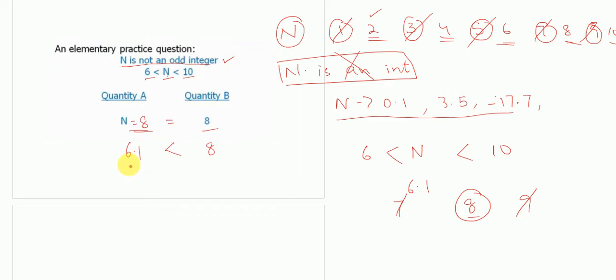But if we plug in another possible value for n, the relationship changes, which means we cannot determine the relationship between quantity A and quantity B. So out of the 4 options A, B, C, and D, option D is the correct option for this question.